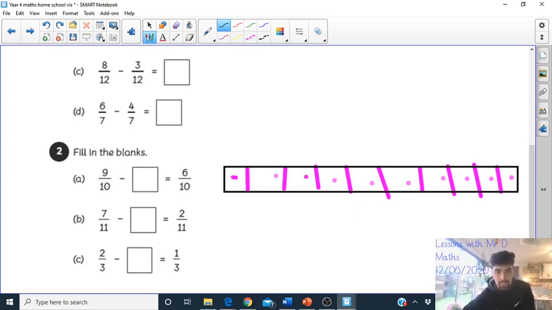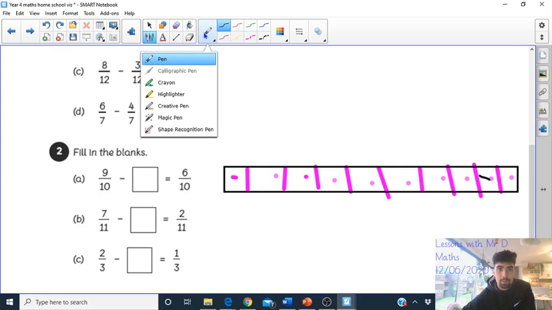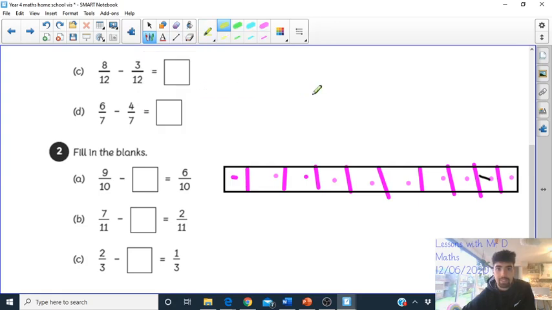I'll split it into tenths. Okay, I have 9/10. So I'll colour in purple 9/10.